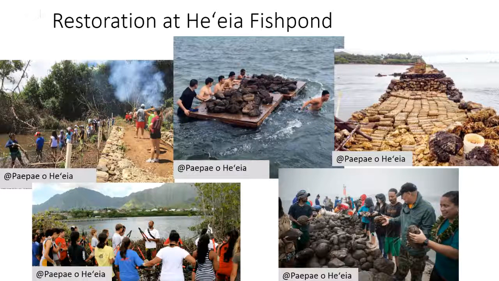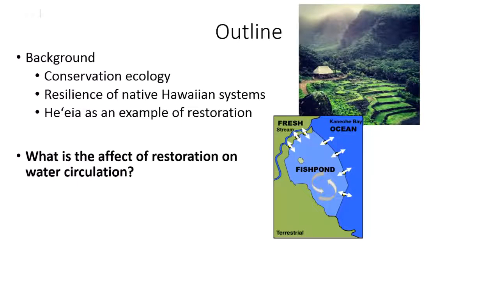You can see people cutting down and burning mangroves, and transporting rocks through water to repair and restore the wall. This really reflects the great community effort that has been going on over the last years.